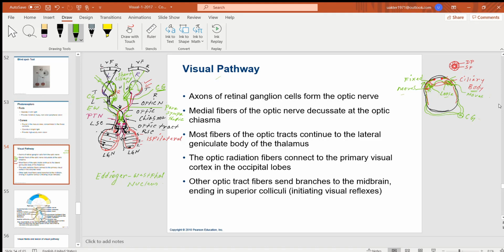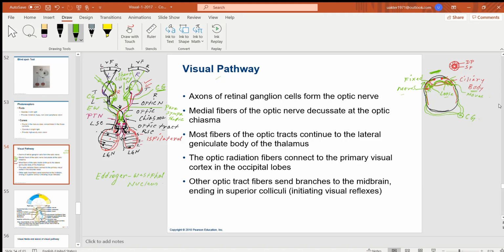And you already know from my last lecture that when the lens gets more round, that accommodates near objects better. So this will help in near vision.